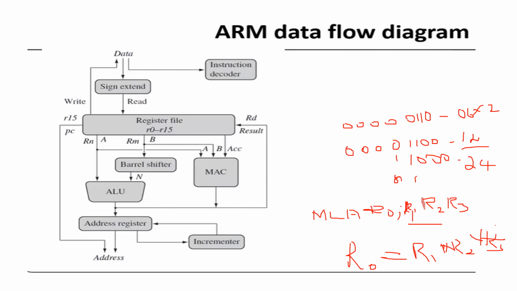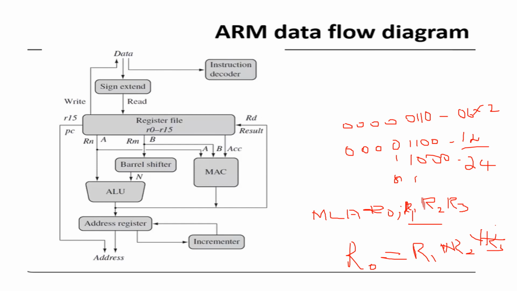Here this ARM processor has a 32-bit address bus, and it is a von Neumann model, because here we are using only one memory for code and data, and the data bus is a 32-bit bus and the ALU is a 32-bit unit.